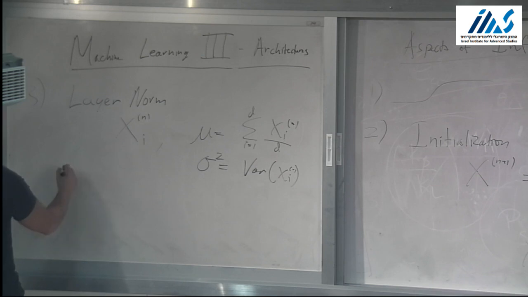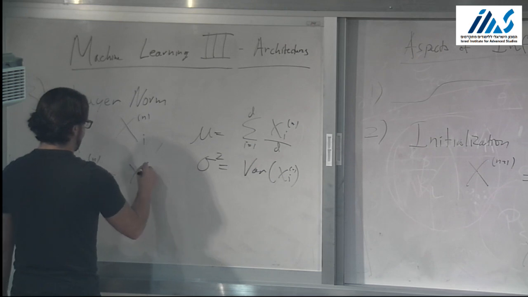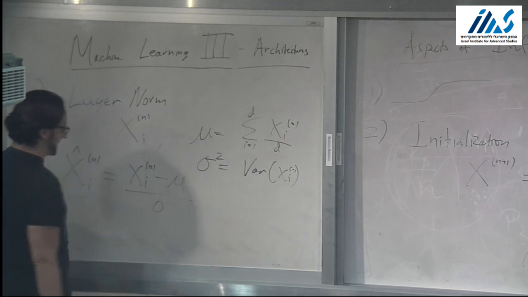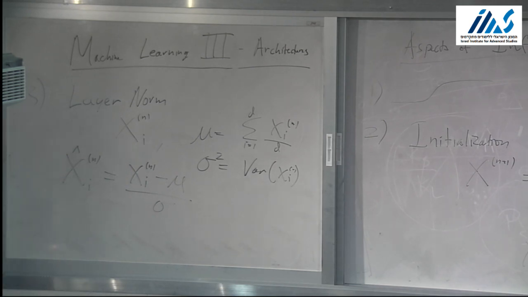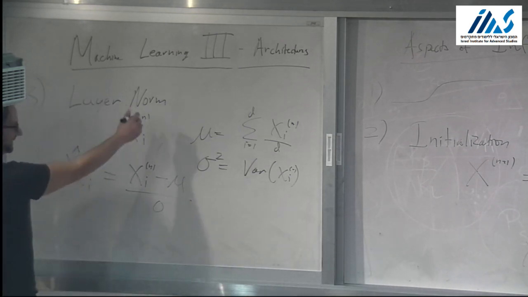And then I can define some new x hat_n, which is x_n minus the mean divided by the standard deviation. So whatever I get out at layer n, I can just recenter it to have mean 0 and unit standard deviation. So this is called layer norm.